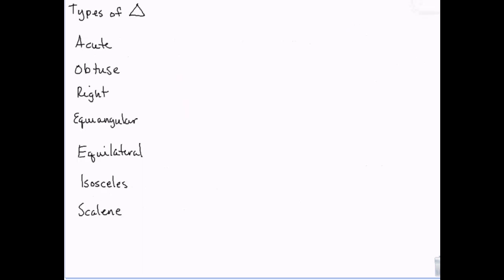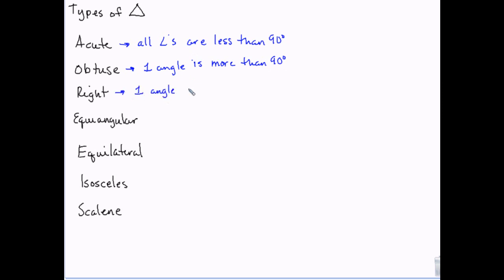Okay. These are our types of triangles. Acute, all angles are less than 90. Obtuse, one angle is more than 90. Right, one angle is exactly 90.